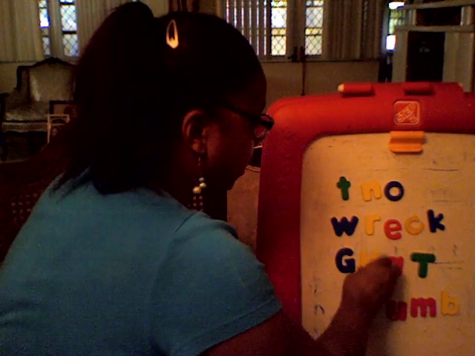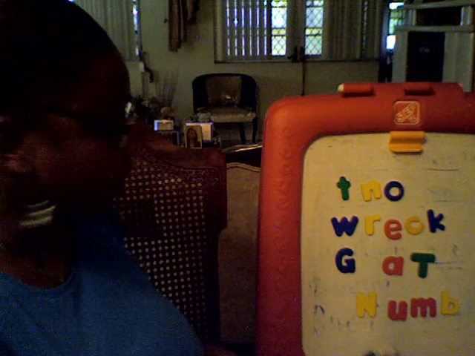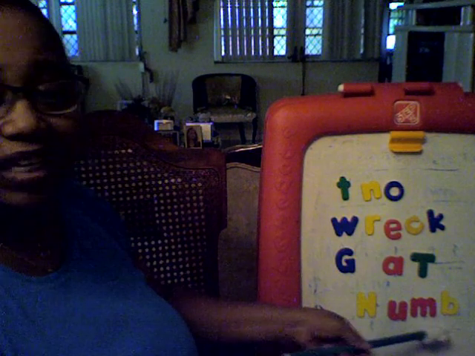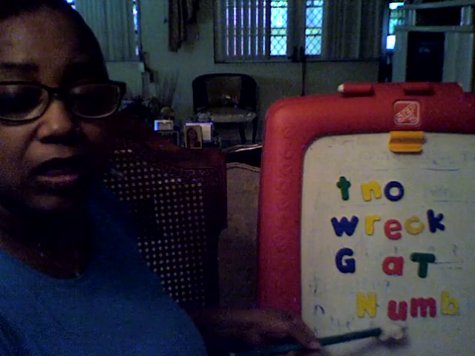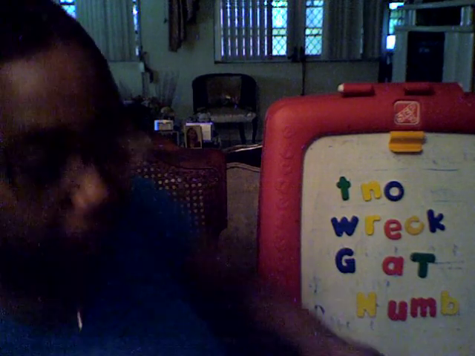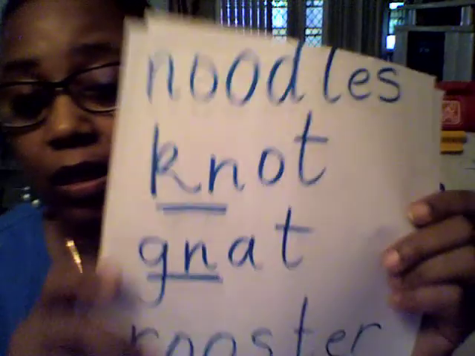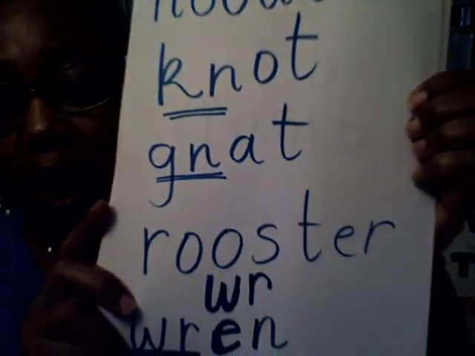Okay? And the other word I was showing you, we're going to go back here, we have numb. See the MB at the end? You hear the M sound. Numb. Okay? So, let's remember that KN makes an N sound as well as GN. WR makes an R sound as in rooster.